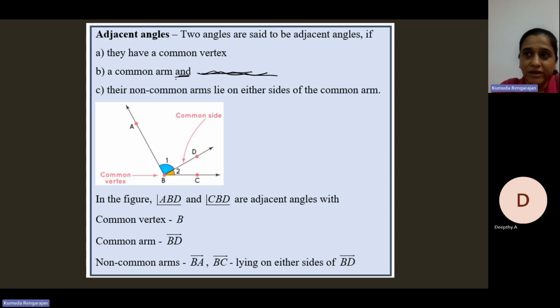The word "and" here is very important because all three conditions must be satisfied. They must have a common vertex. I should put a comma here, then I think it will make more sense. They should have a common vertex, a common arm, and their non-common arms lie on either sides of the common arm. Meaning all these three conditions must be satisfied.